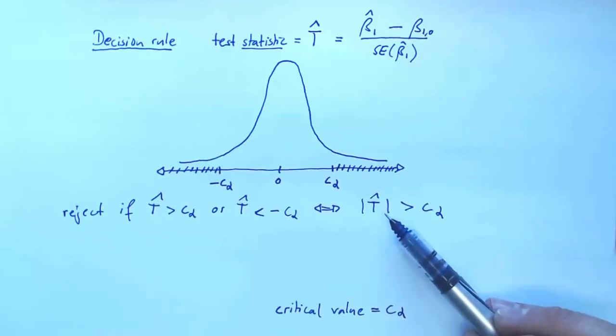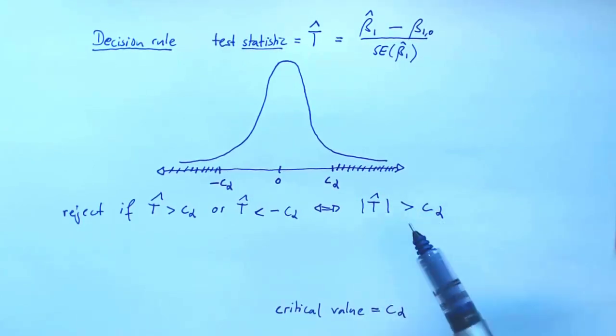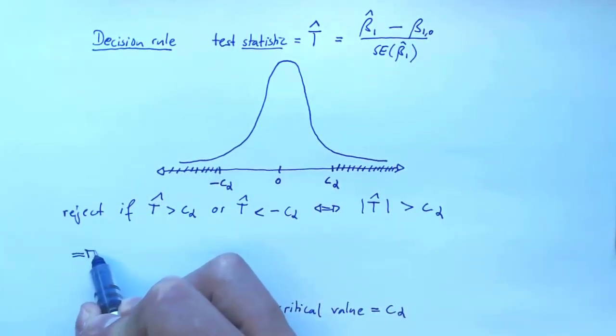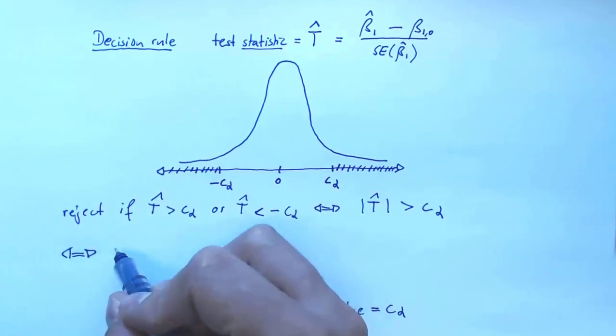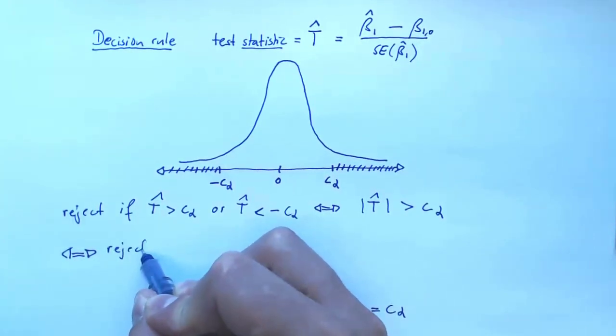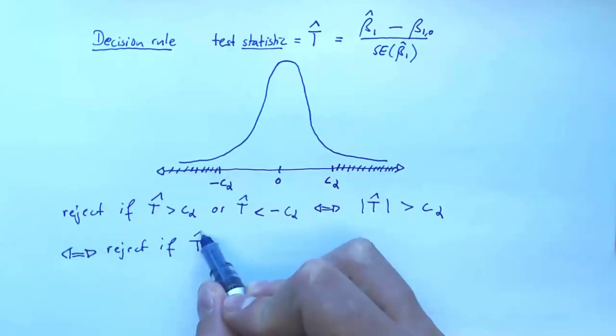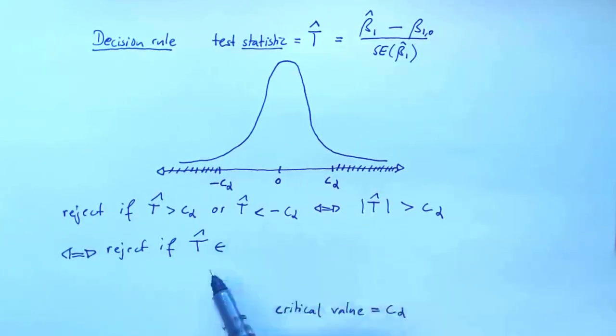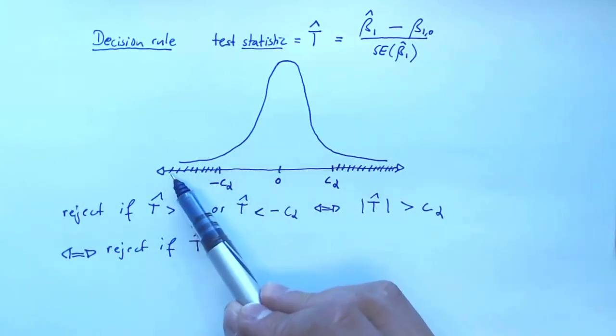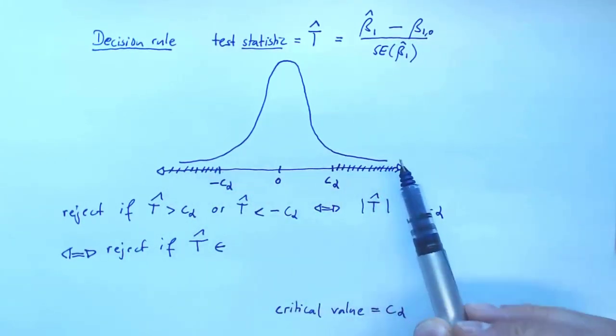Another way of describing this rejection rule is to say reject if t hat takes values in a certain set, and that set would be the set that is combined of this shaded region.